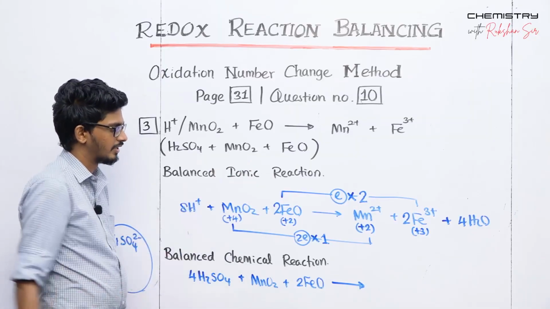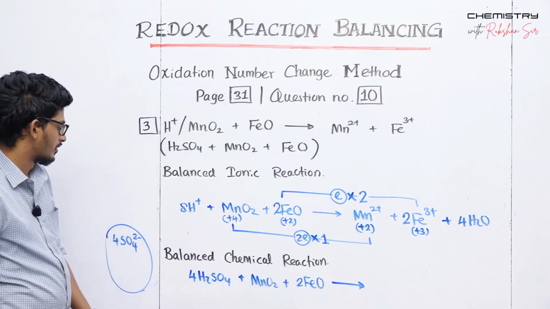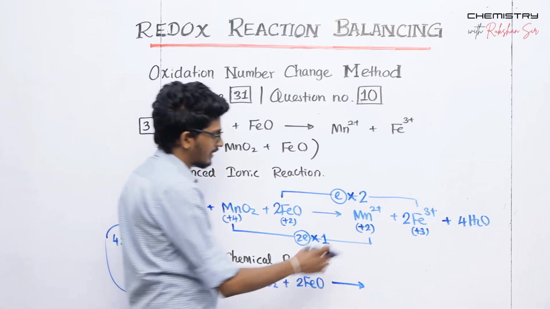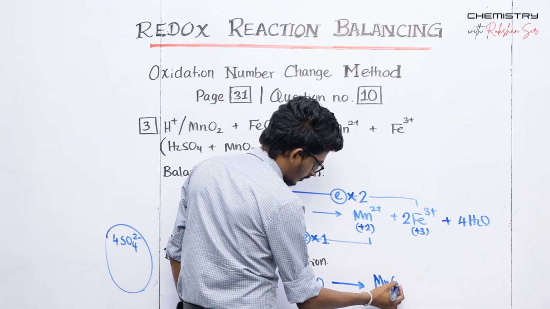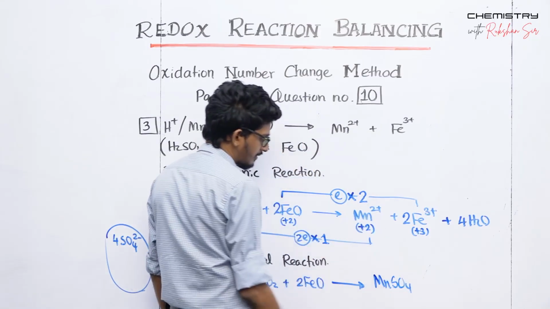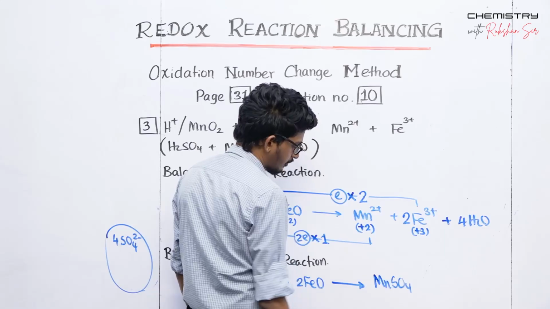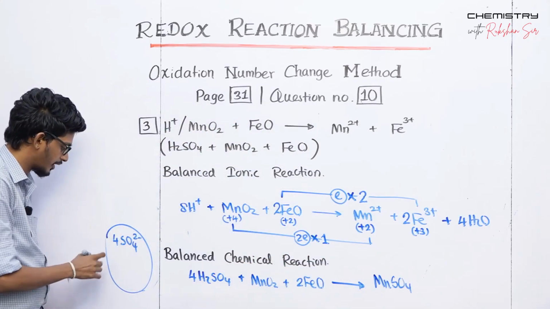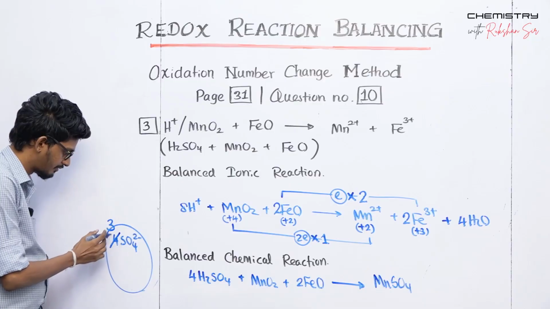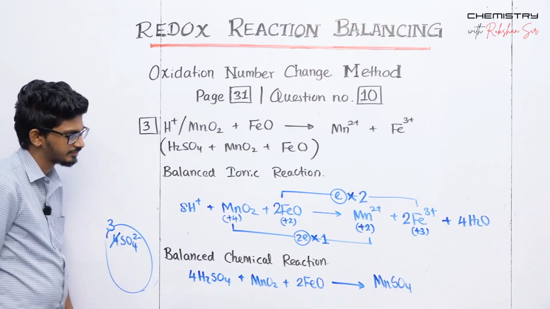The positive charges are there, so you can use anions from here. So manganese can be connected with SO4 2 minus to come up with MnSO4. You need only one manganese there, so one SO4 2 minus is used, which means this becomes 3 now. One is used, only 3 is remaining.